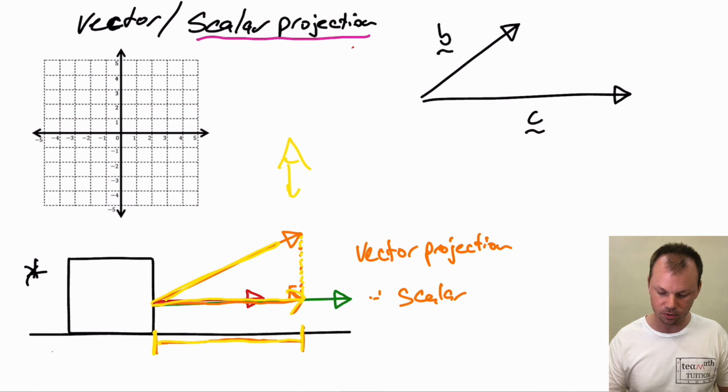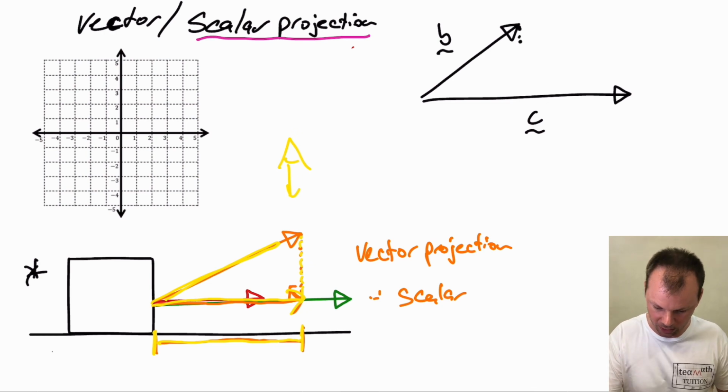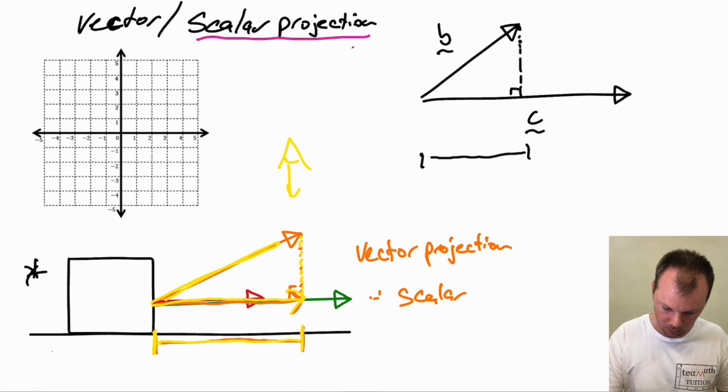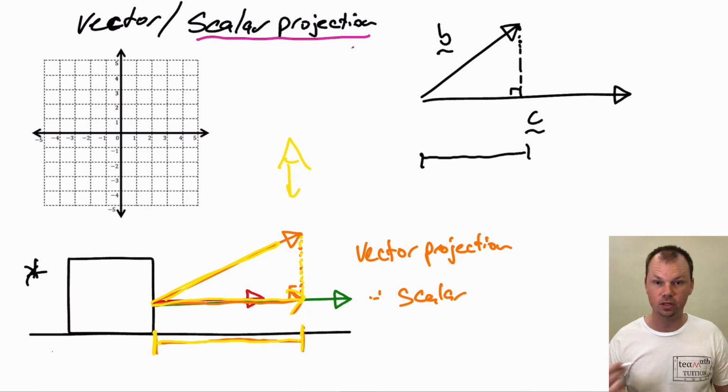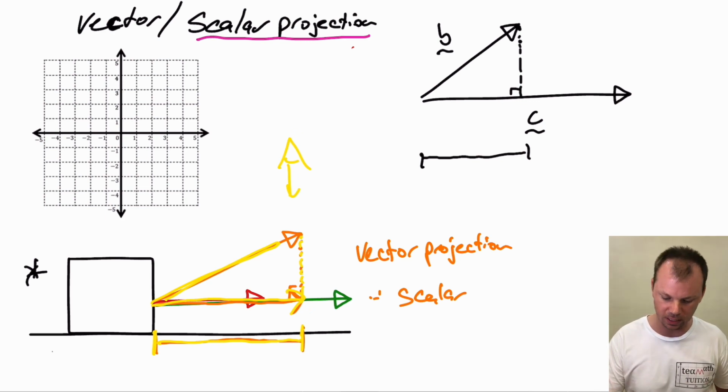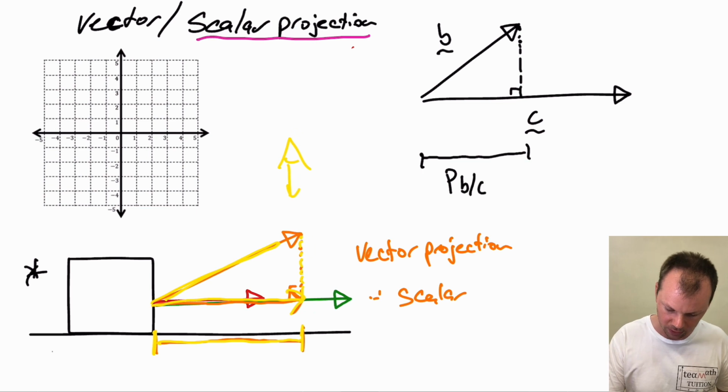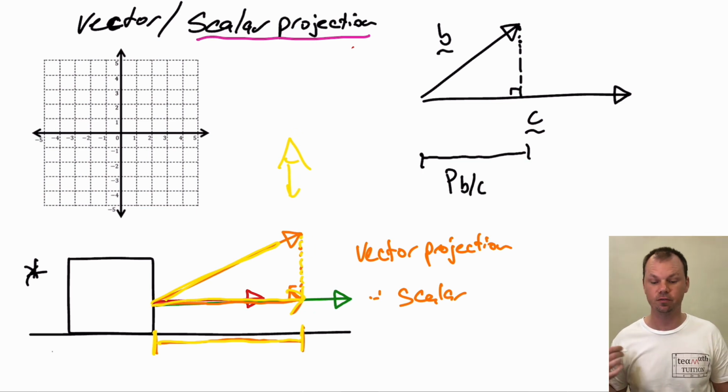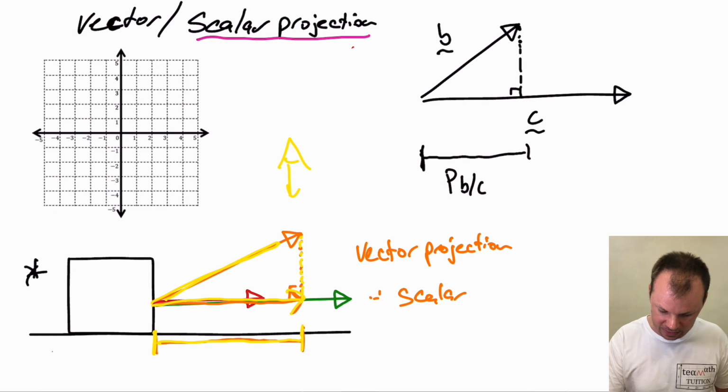So the scalar projection of B on C is, if we have some dots coming down here at a right angle, this length. The way I like to notate this, a lot of people do different things, but I like to call it P for projection of B on C. So that's a projection of B on C, this length.